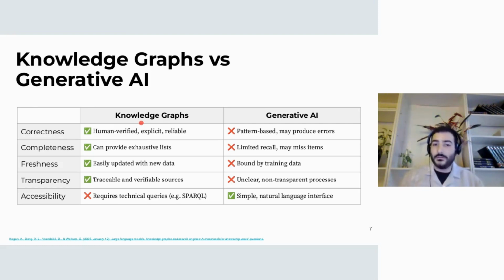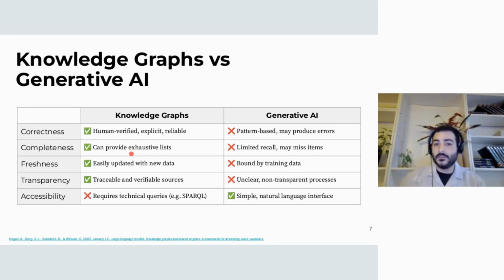They have explicit connections, they're more reliable. AI generates responses based on patterns and may produce errors. In terms of completeness, knowledge graphs can provide you with a complete list of information, exactly what you're expecting. But when you ask an AI model to provide you a full list of information, it would be limited to its recall and may miss some items.